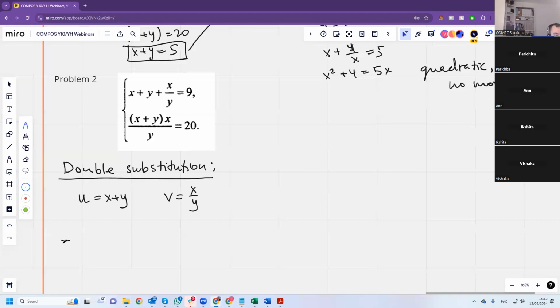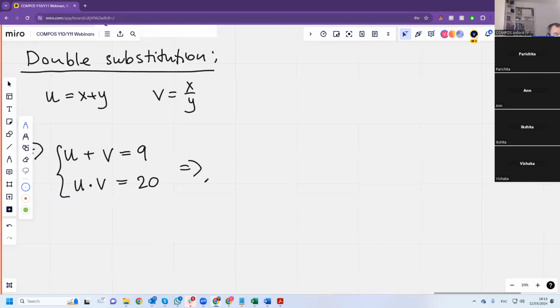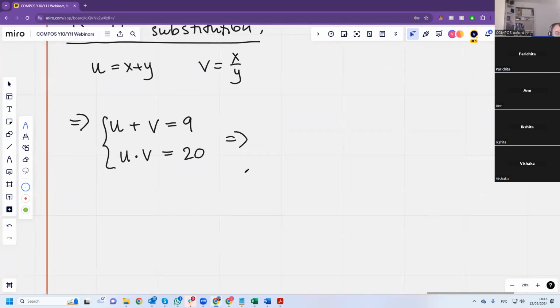And you can see that the equation becomes U plus V equals 9, and then you have U multiplied by V equals 20. This is a very familiar situation where adding makes one number and multiplying makes another.